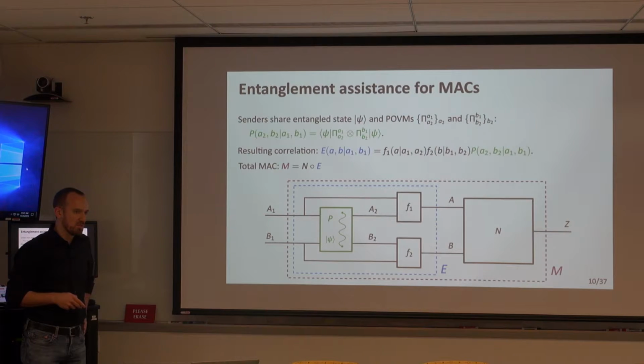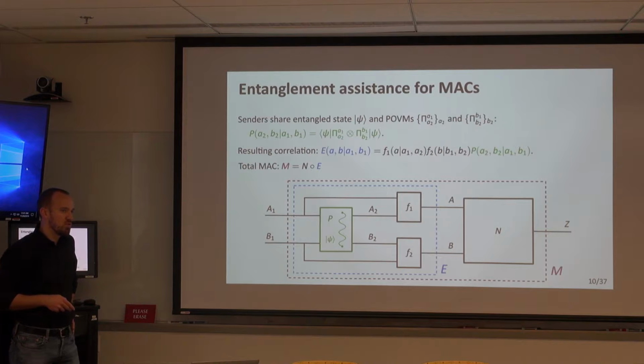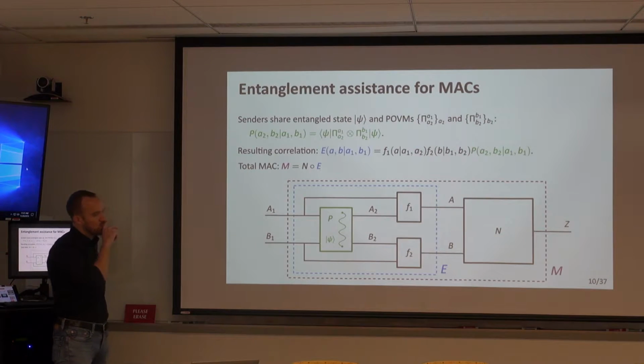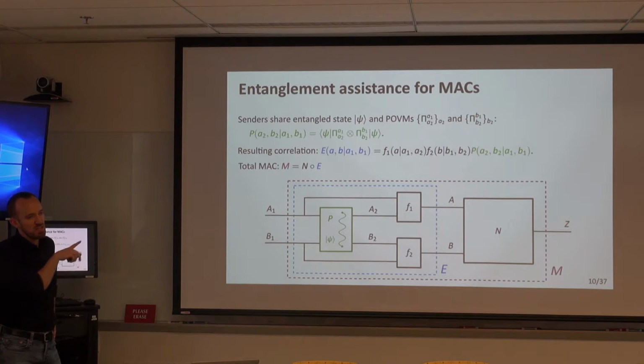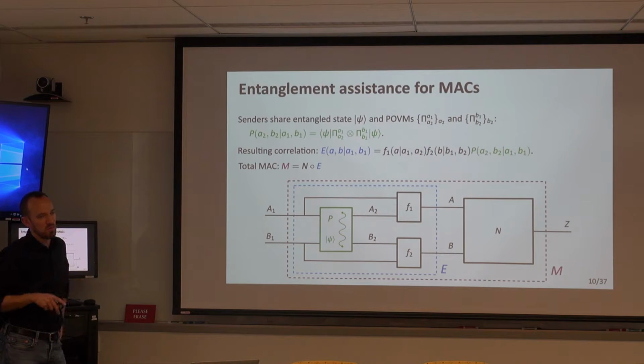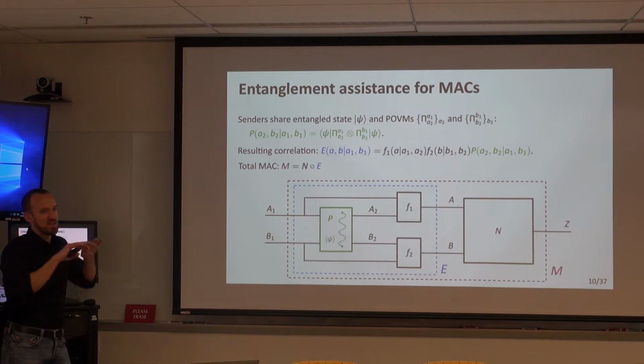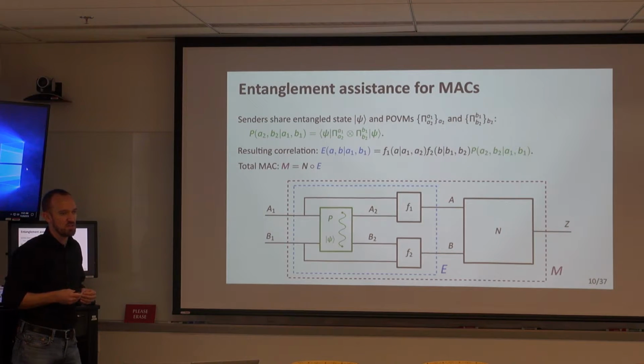Like shared randomness. Yeah. Shared randomness is included in the original formula in a way. The capacity region of the multiple access channel allows for time sharing, which is basically shared randomness.